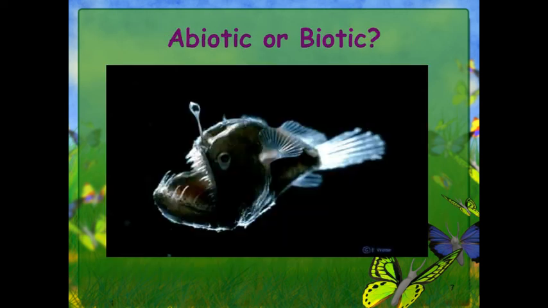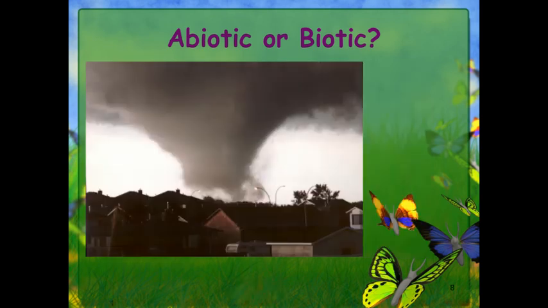So for this creepy guy we see here, would we consider this an abiotic factor or a biotic factor? I think there's one of these in Finding Nemo. Very horrifying. This would be a biotic factor. It's living. Looks like a creepy zombie that's not living, but it is living. Or a tornado.